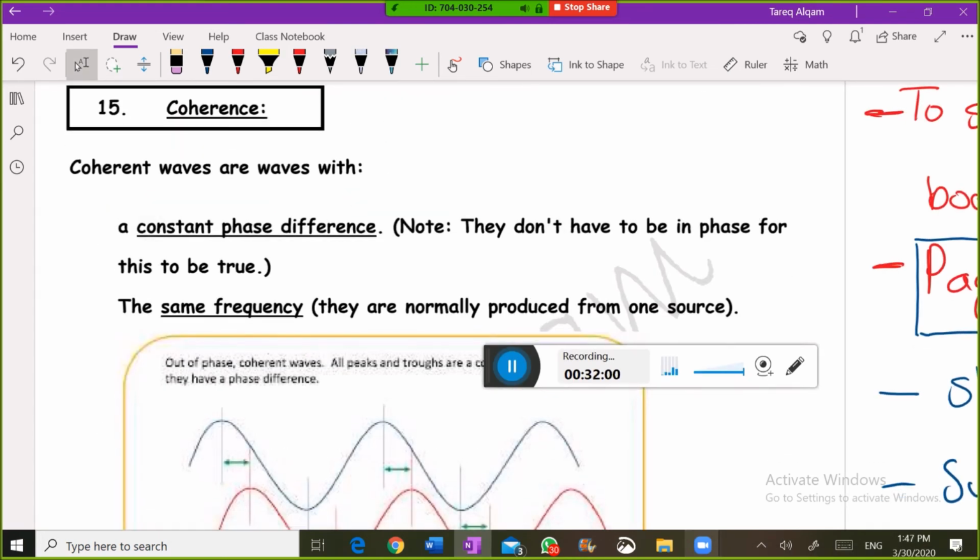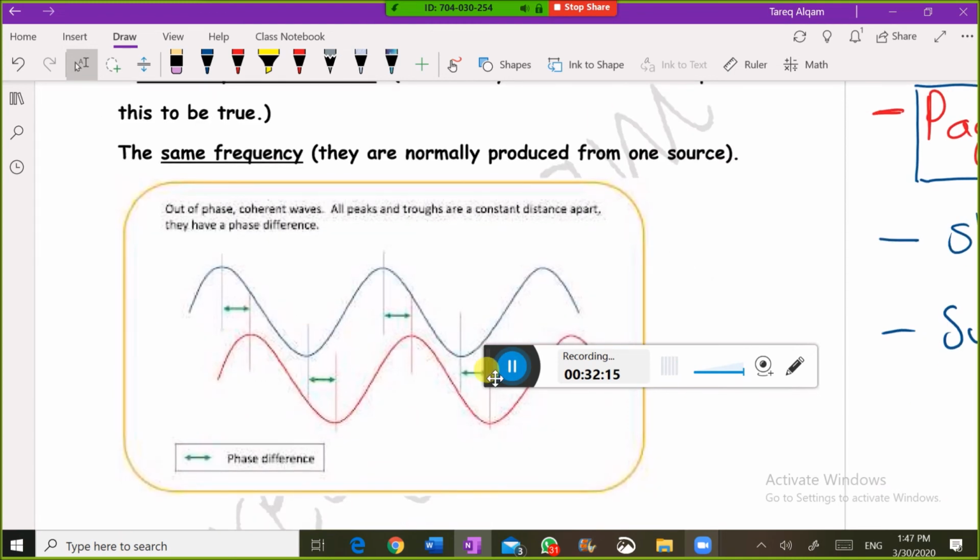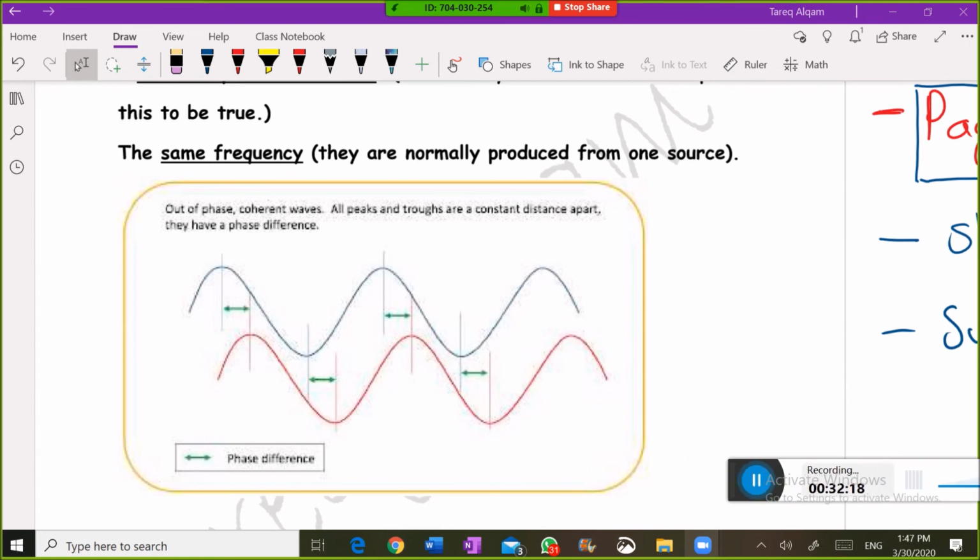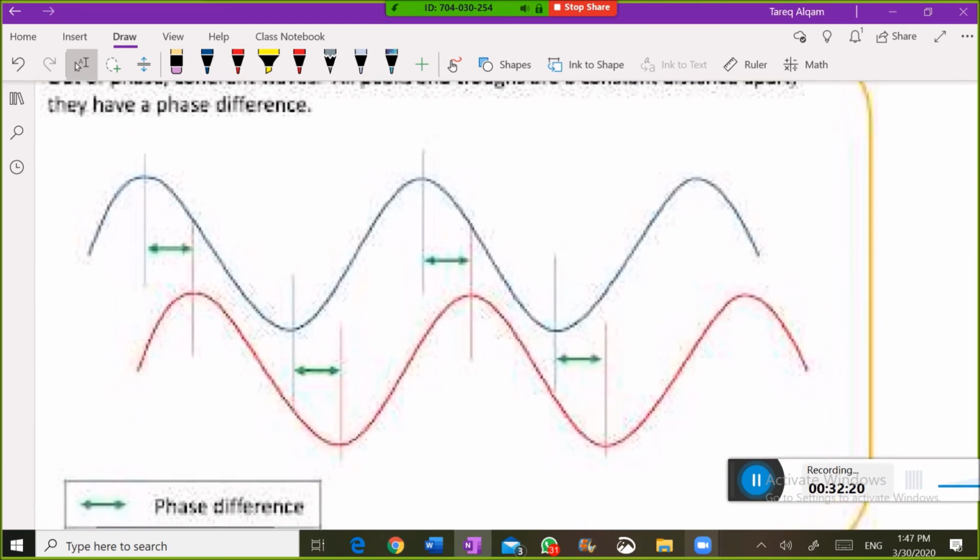Let's talk about coherence, guys. Coherence: waves that have a constant phase difference. Look at these waves, guys. The red wave is shifted away from the blue one. If you look here, this is the shift.